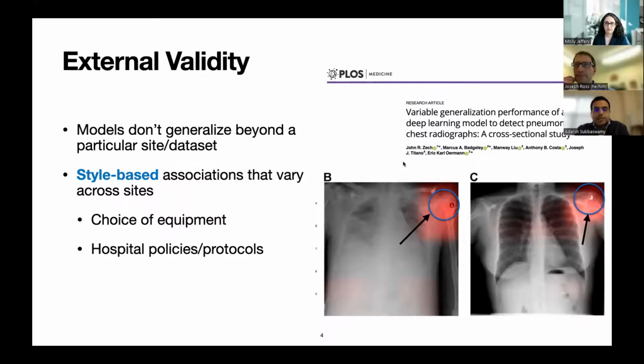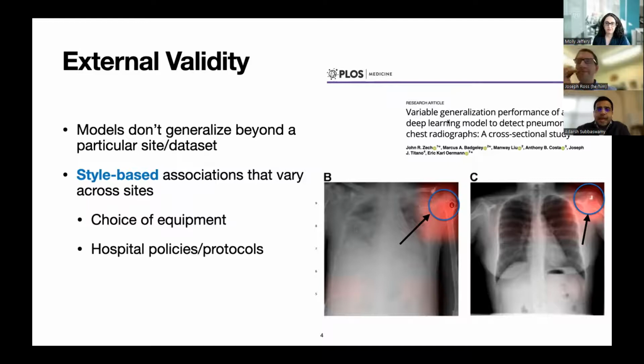When they evaluated their model on held out data from the site they developed it on, it performed really well. But when they evaluated it on cohorts from two other medical centers, there was a significant deterioration in performance. The model failed to generalize from the site it was trained on to these new sites.